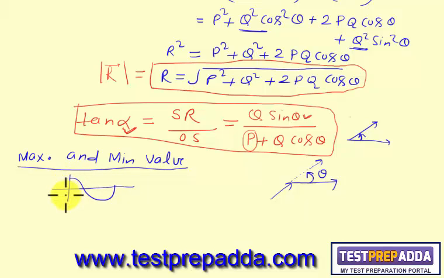Cos theta is 1 at 0 degree and minus 1 at 180 degree. So the maximum value of cos theta, that is 1, is at 0 degree, and minimum value of cos theta, that is minus 1, is at 180 degree.